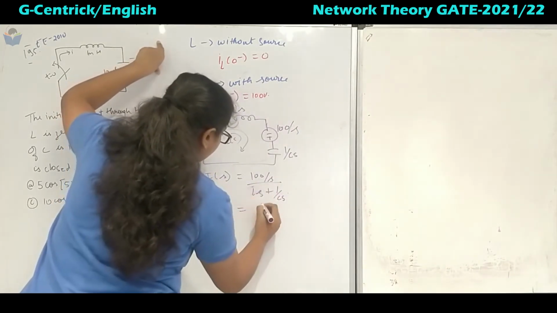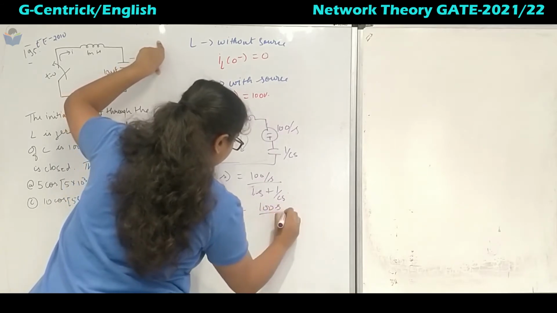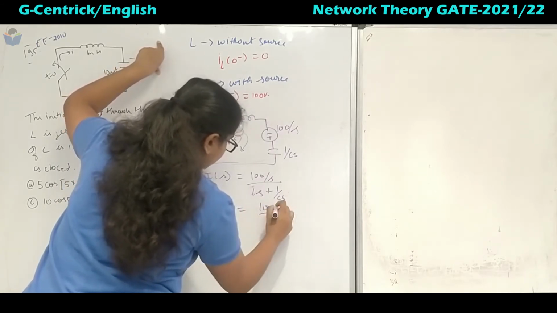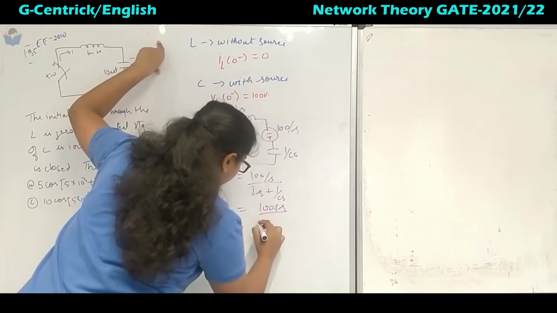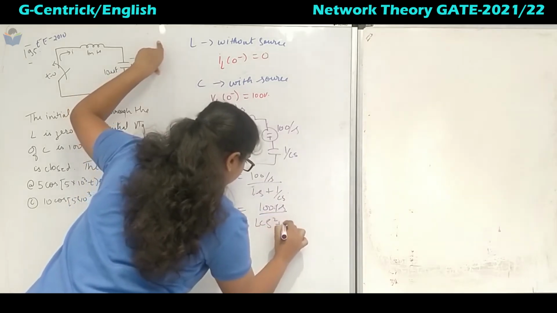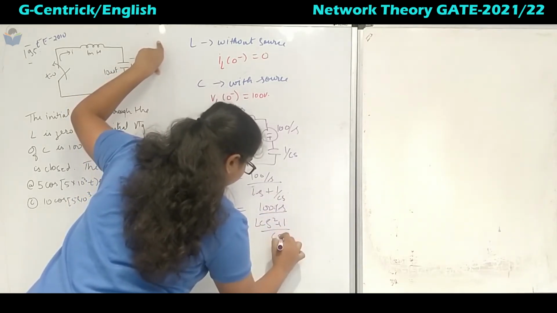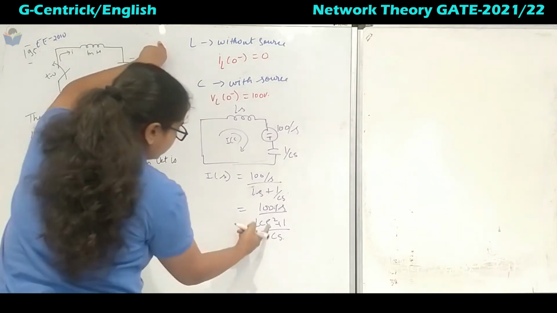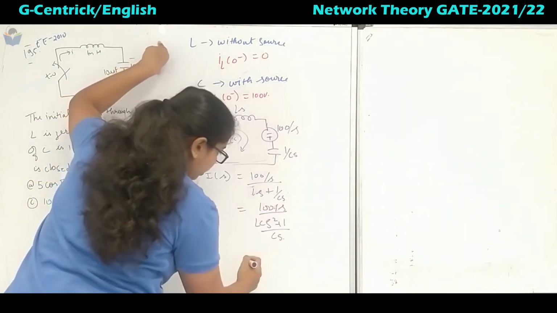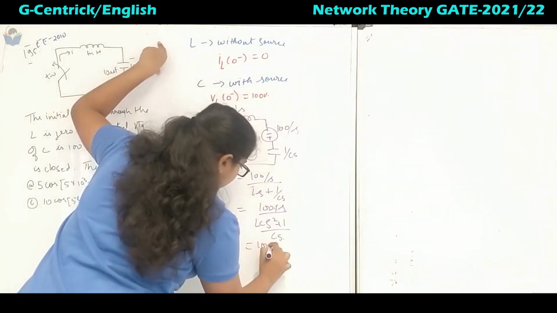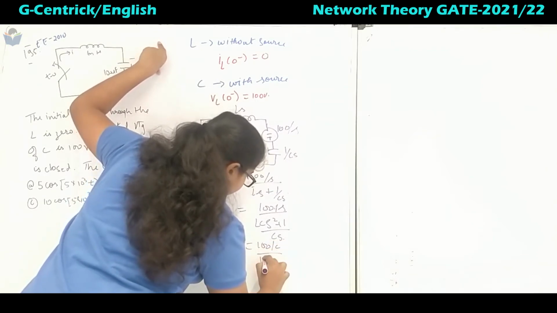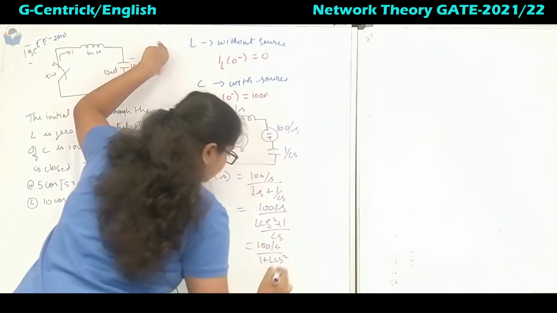This again can be written as 100 divided by S, and take the LCM, you will get LC S square plus 1 divided by Cs. This C will go here, and S and S will get cancelled. So 100 divided by C, and 1 plus LC S square.